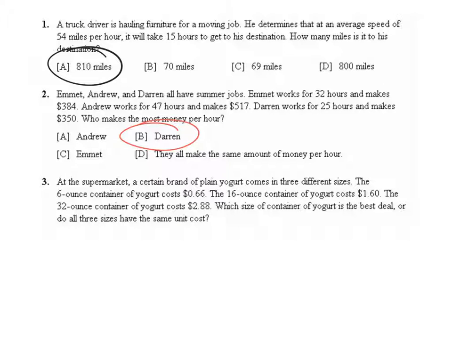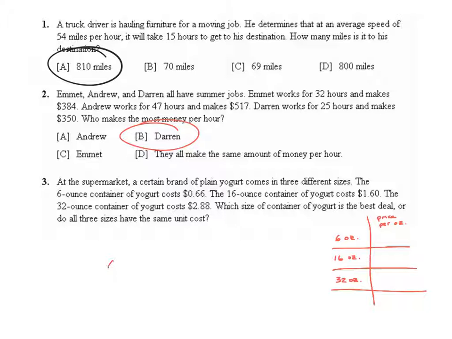So just like before, we're going to make a table. And in my table, I'm going to label the 6-ounce container, the 16-ounce container, and the 32-ounce container. And then I want price per ounce. Now I can start figuring out the price per ounce by taking our total amount.